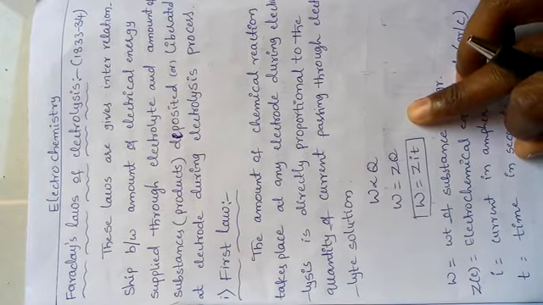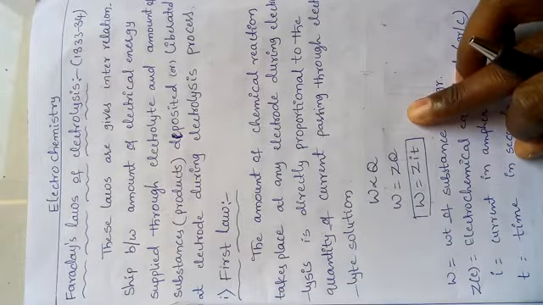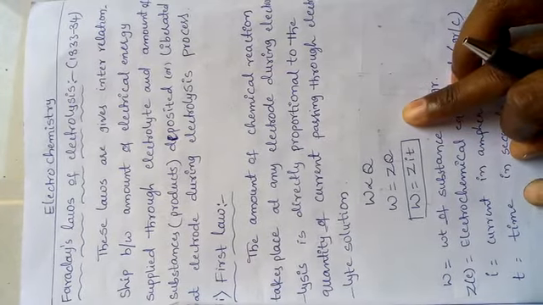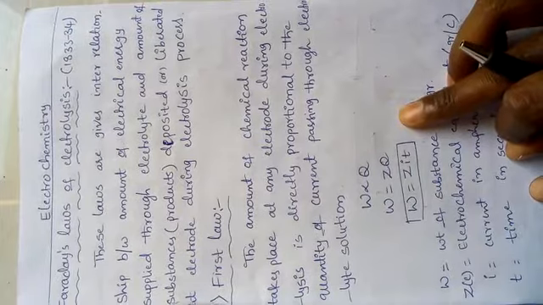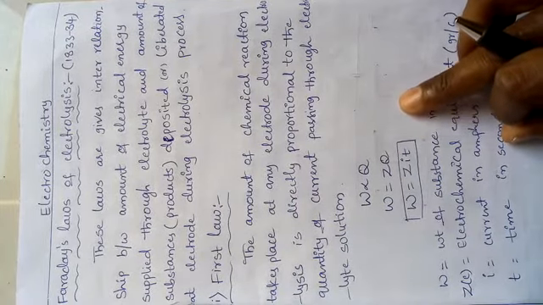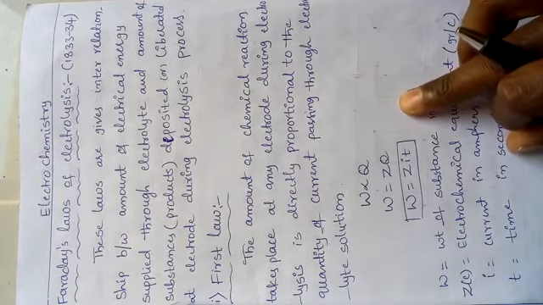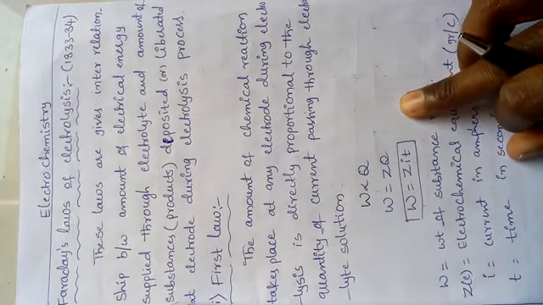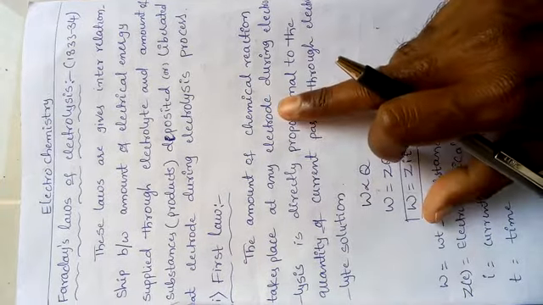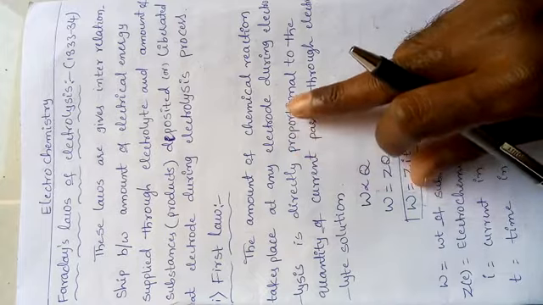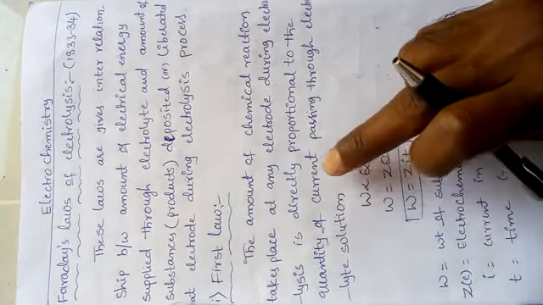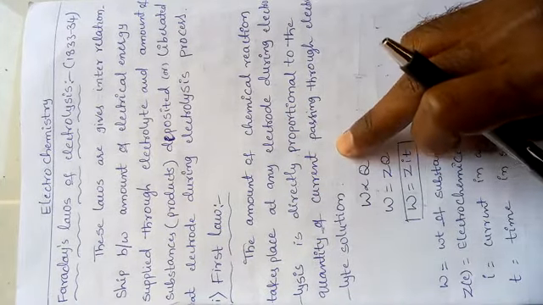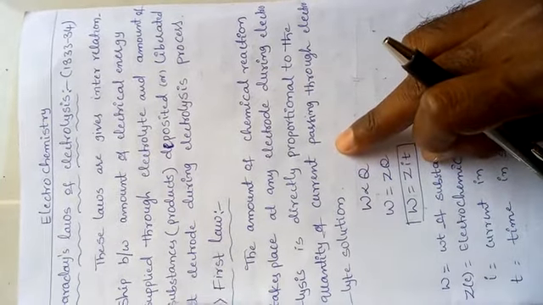The first one, Faraday's first law. What is the statement of this one? The amount of chemical reaction that takes place at any electrode during electrolysis is directly proportional to the quantity of current passing through that electrolyte solution.